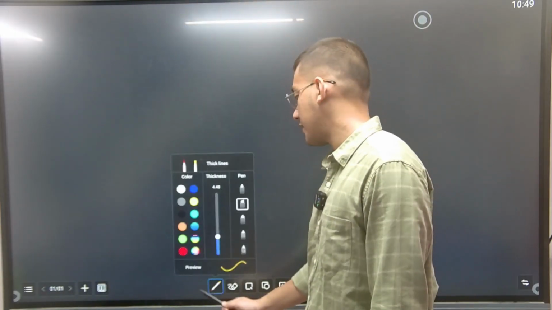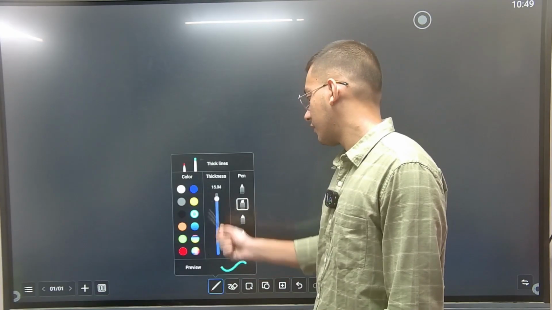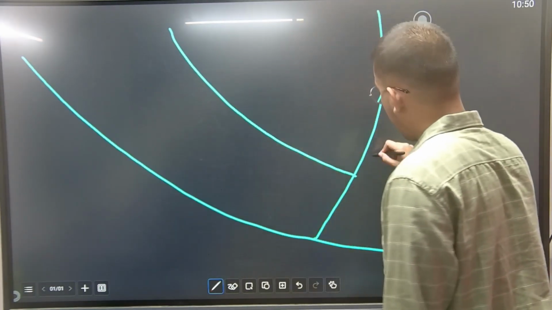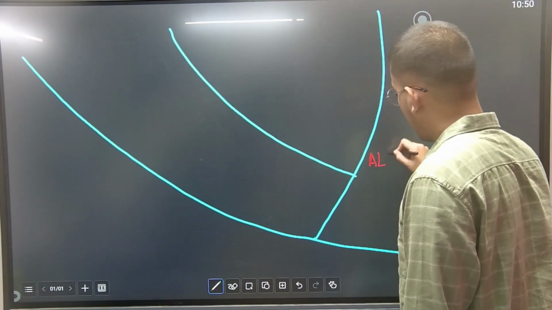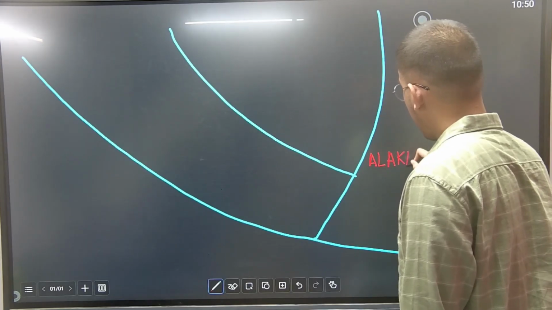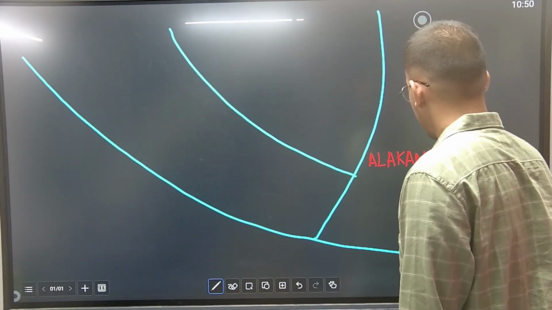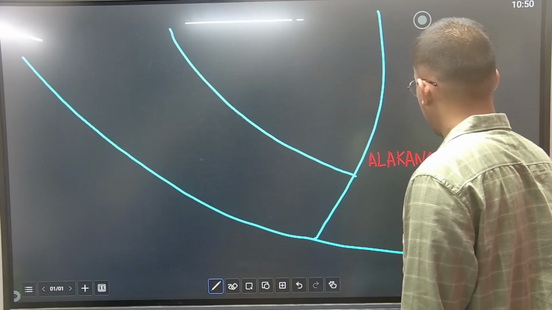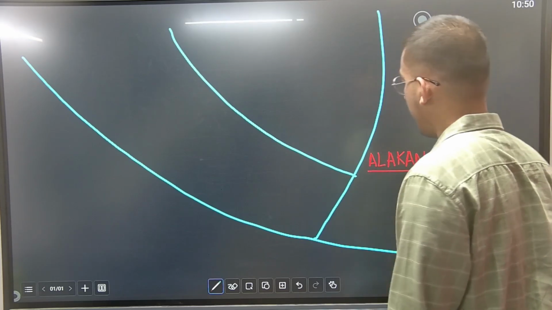We shall now learn about the Ganga river system or the Ganga drainage system. Right? So this will be our Alakananda river. Right?